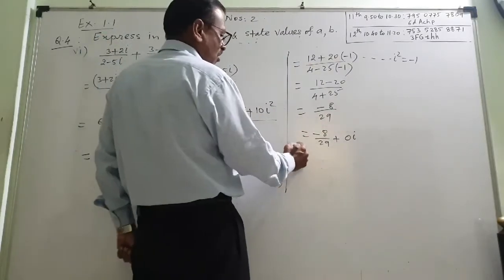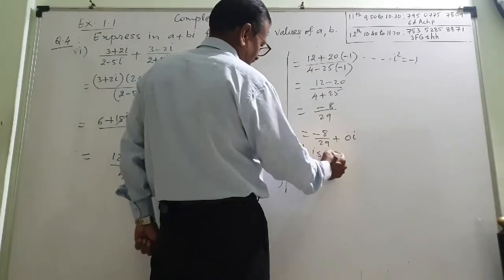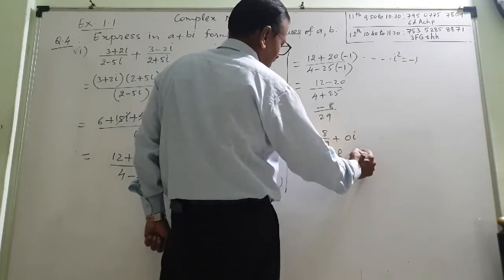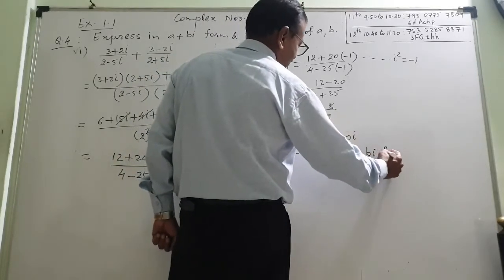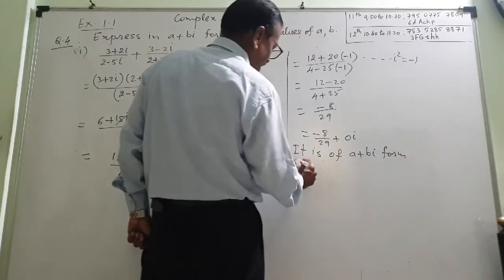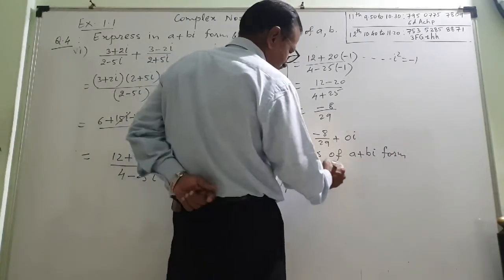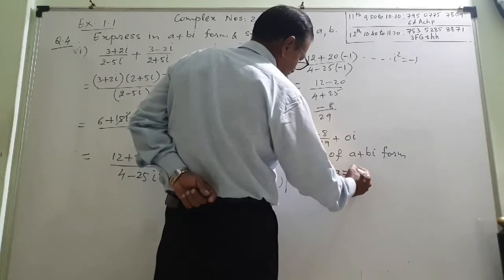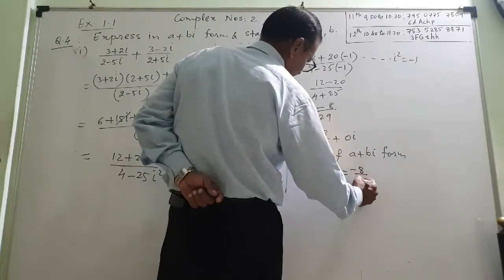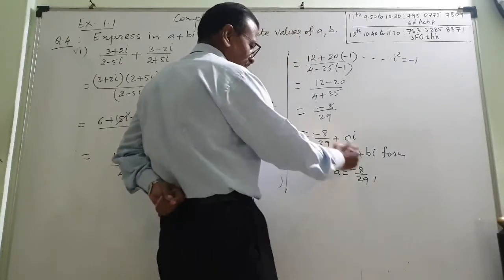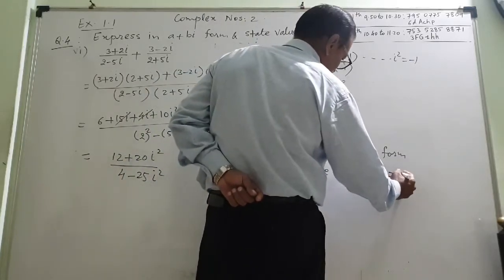It is of the form a plus bi, where the constant part, the real part a is equal to minus 8 upon 29 and the imaginary part b is equal to 0.